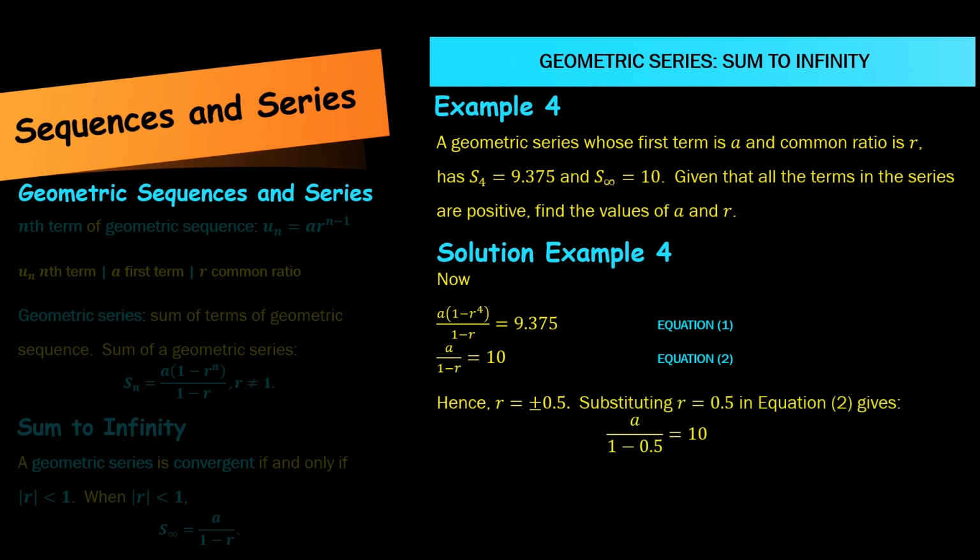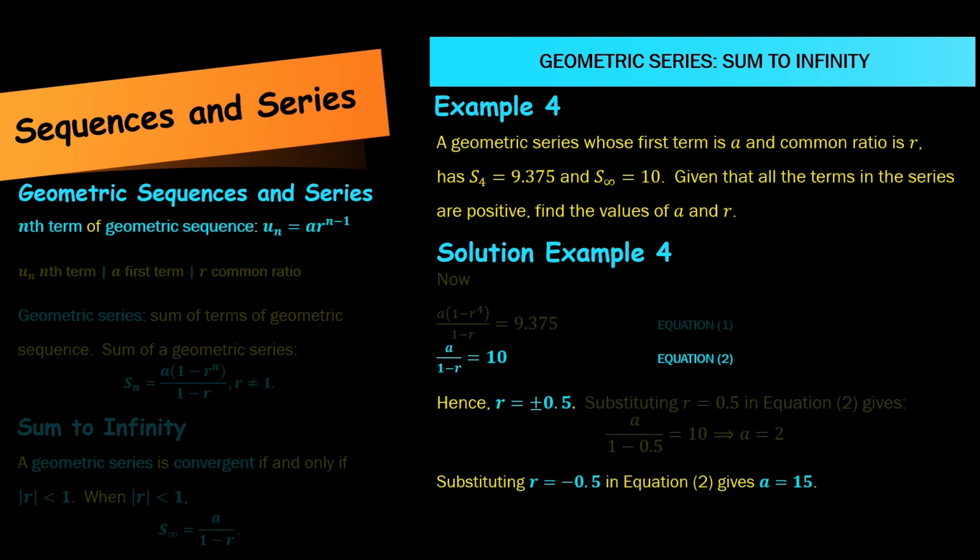If we substitute r equals 0.5 in equation 2, we have a over 1 minus 0.5 equals 10, giving us that a equals 2. And if we substitute r equals minus 0.5 in equation 2, we have that a equals 15.